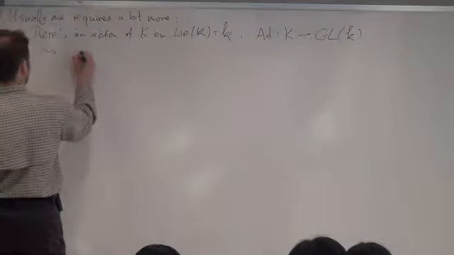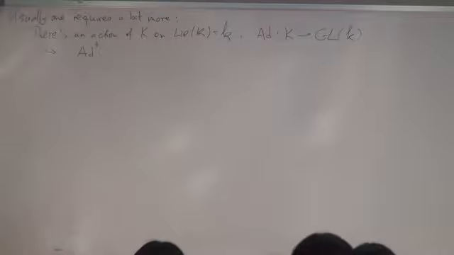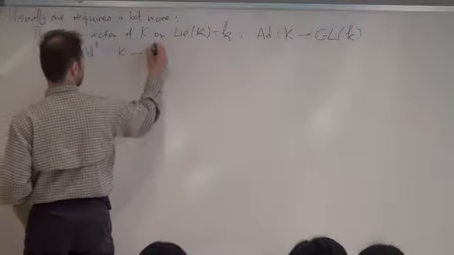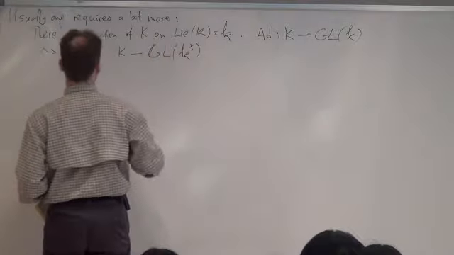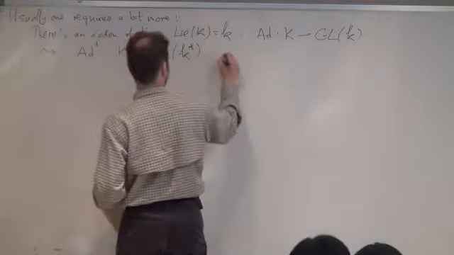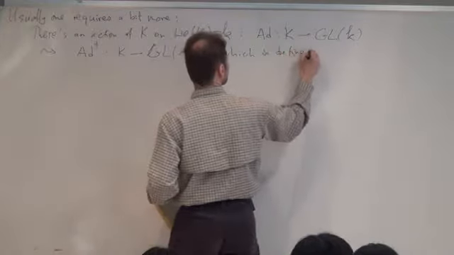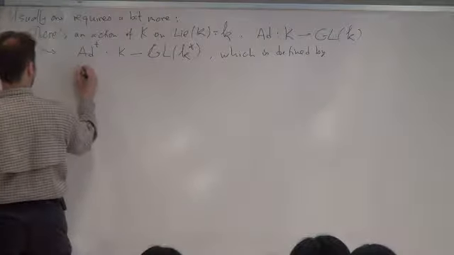So we get a dual representation, or I guess contragredient is the word people use, which is defined by... this is called the coadjoint action.